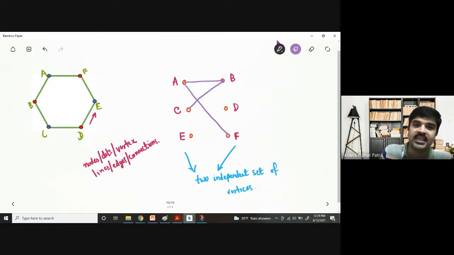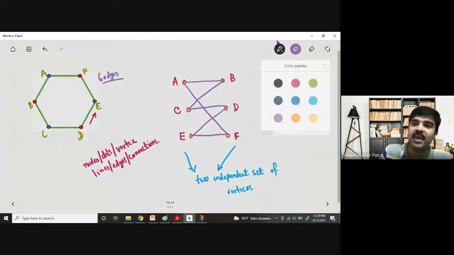Now C is connected to B and D. D is connected to C and E. And E is connected to F and, sorry, E is connected to F and D. Here I have 6 edges.